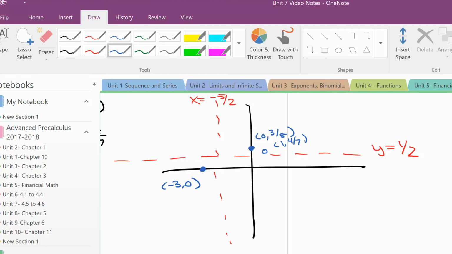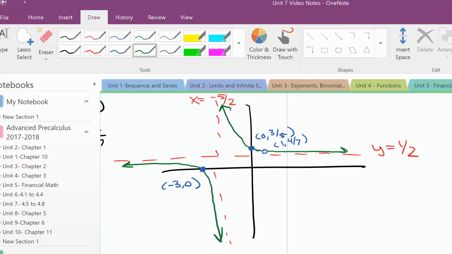And then because the limit from the left of -5/2 is -infinity, it goes down. It's going to go towards 1/2 here, but not intersect. Then to the right of -5/2, it goes towards infinity. And then as it goes to the right, it's going to go towards 1/2 as well and not touch.